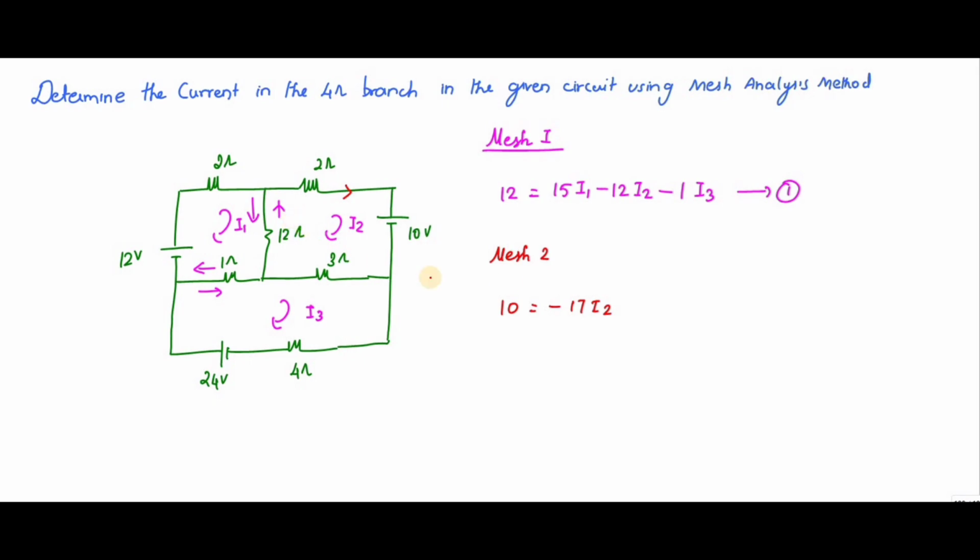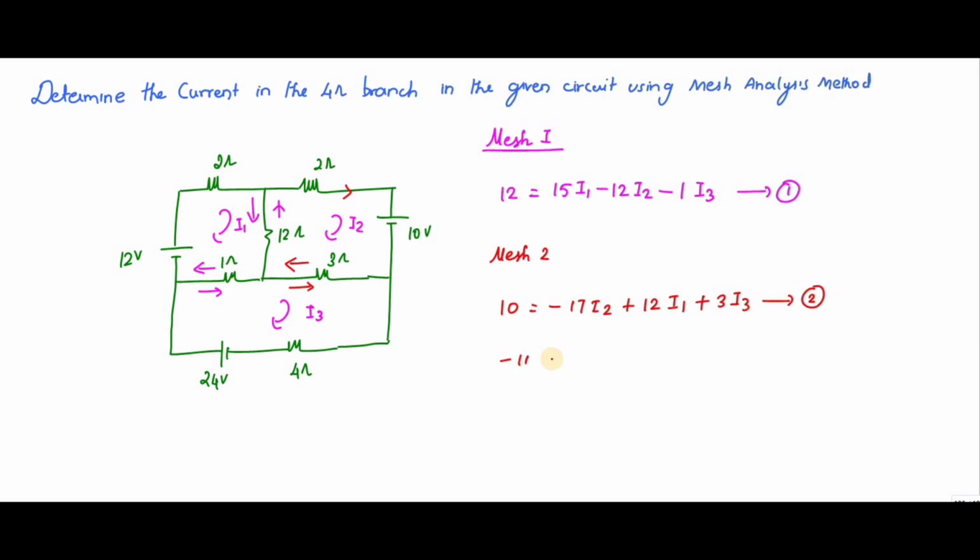If I take the current of I2 as minus, I have to take the current of I1 as plus, so that is 12 I1. Here I3 is in the opposite direction, so I have to take the opposite value of this current, that is plus 3 I3.